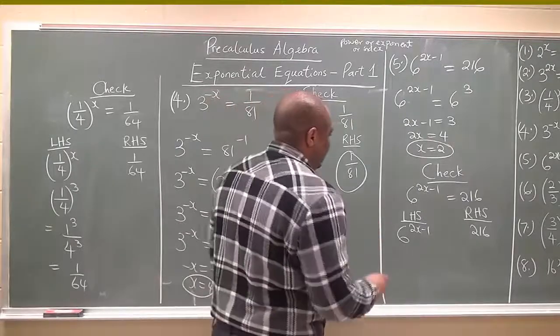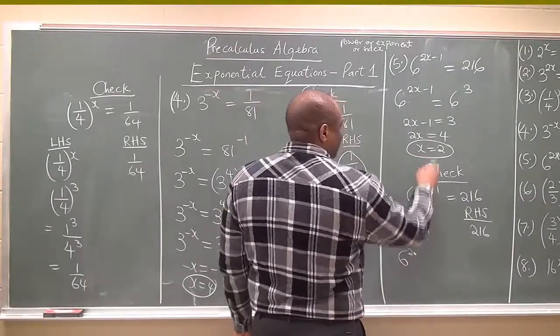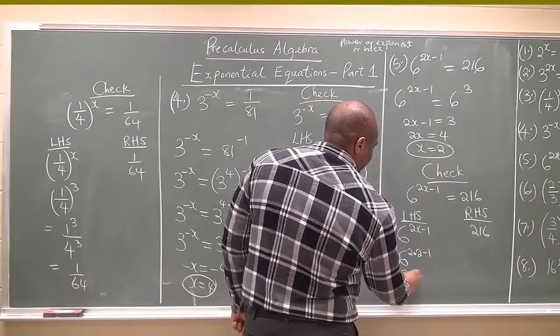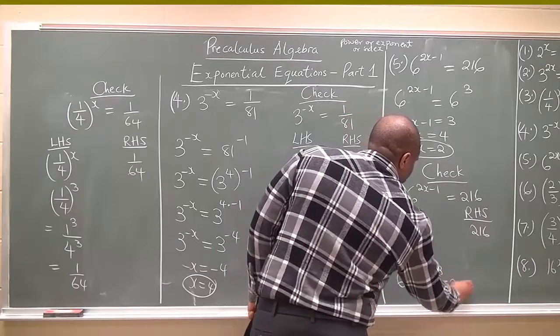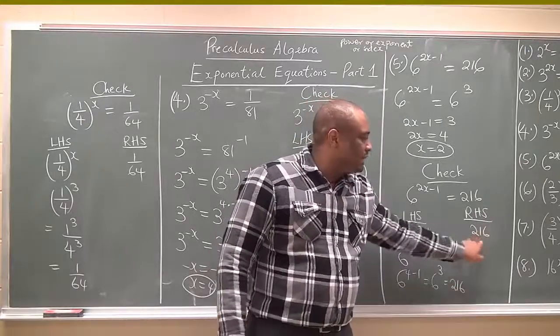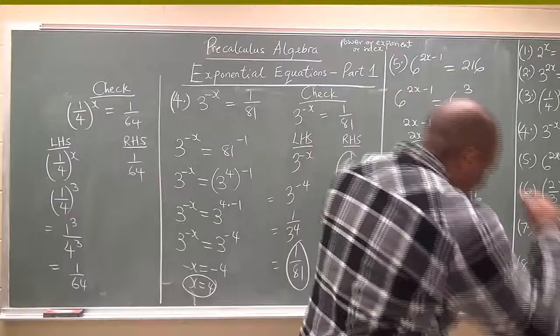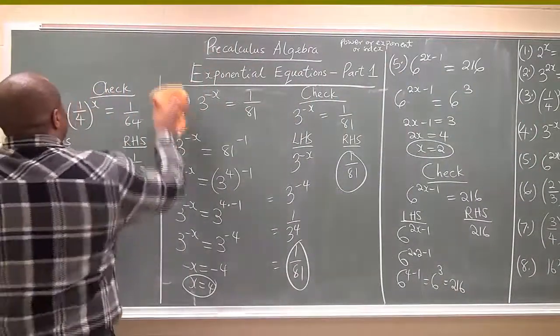Then this will be 6^(2 times 2 minus 1), since our x is 2, which is 6^(4-1), which is 6^3, which is 216. 216 on your left, 216 on your right. You can do some dance, you know. Okay, let's continue, please. Question 6.